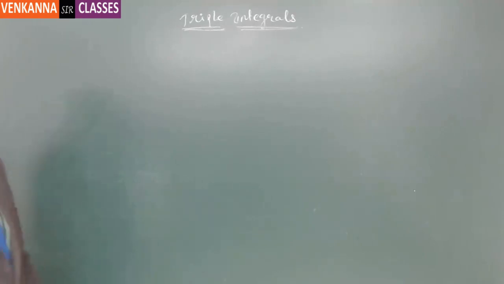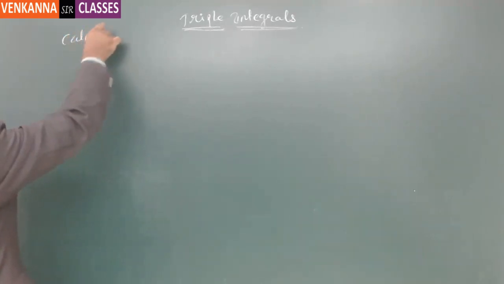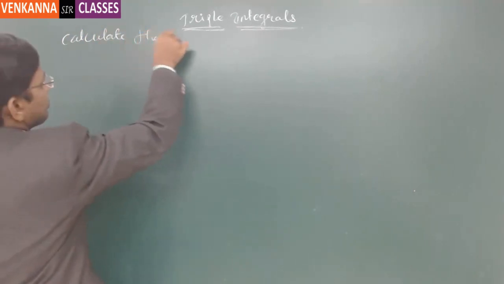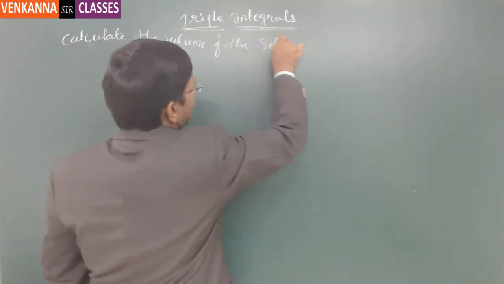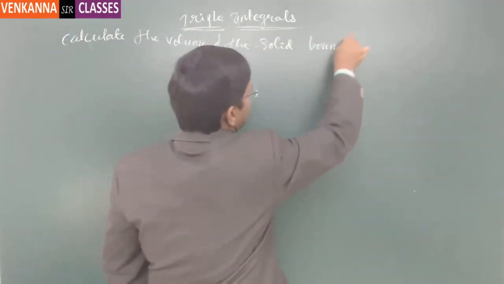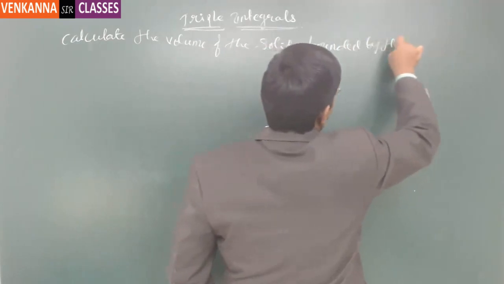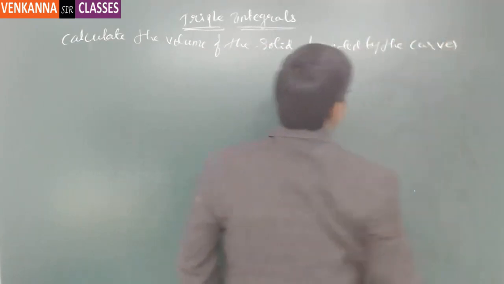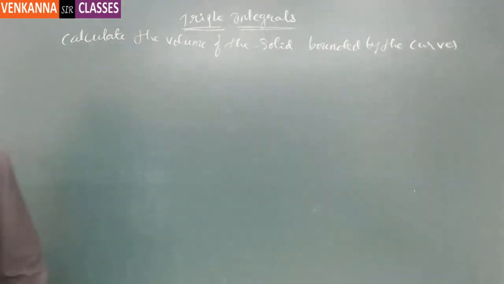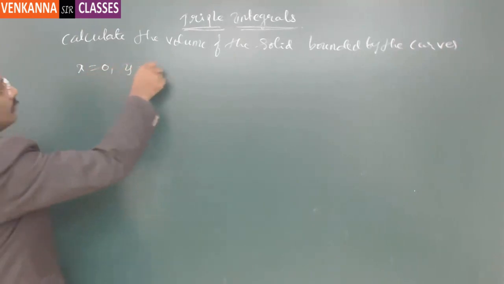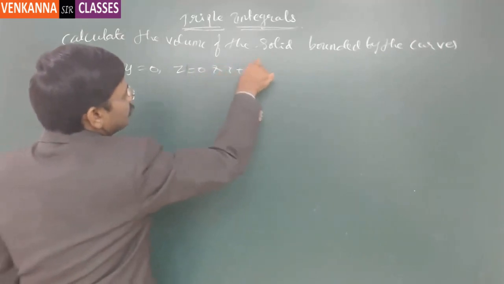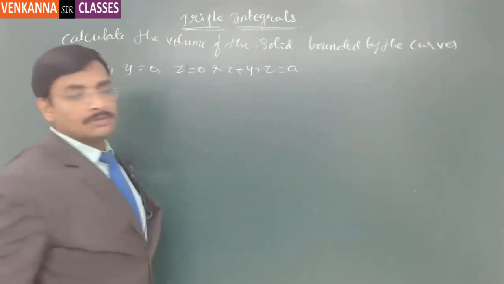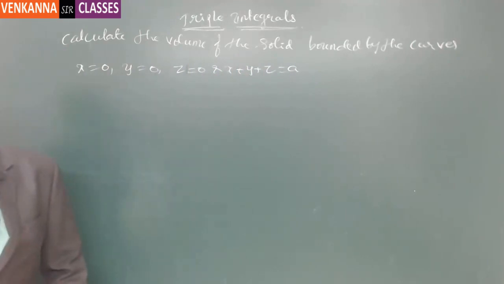Calculate the volume of a solid bounded by the curves x is equal to 0, y is equal to 0, z is equal to 0, and x plus y plus z is equal to a. So can you find out the volume bounded by these curves?